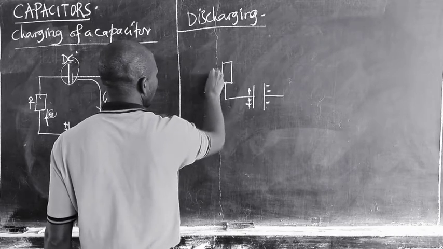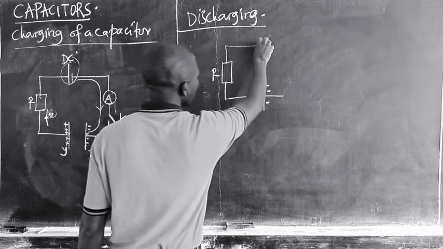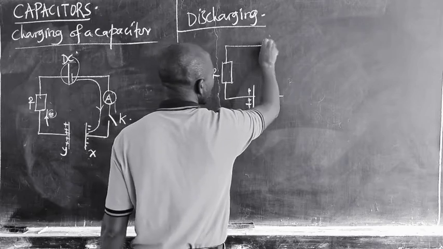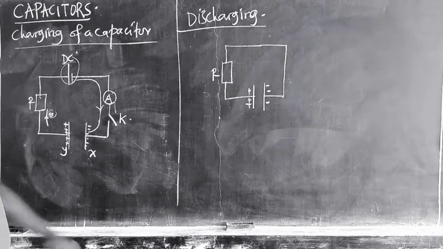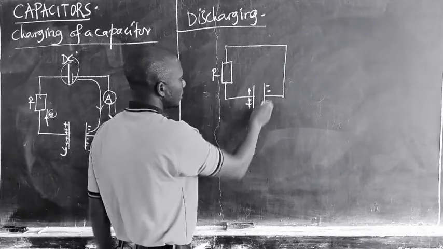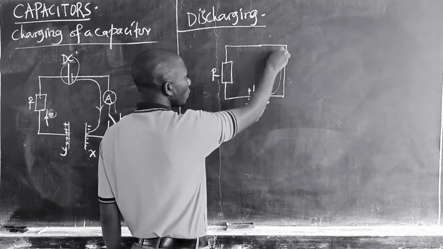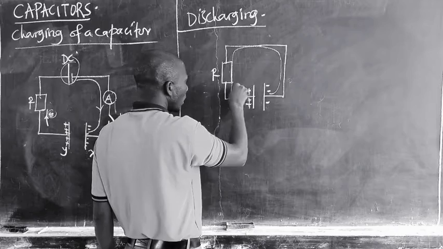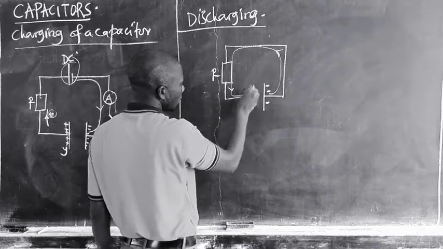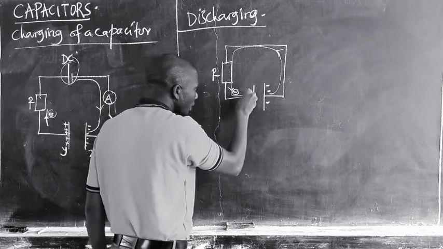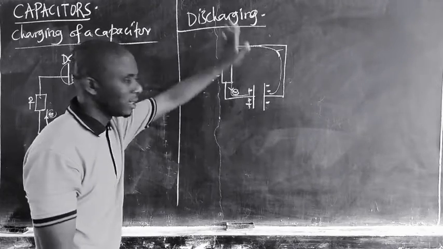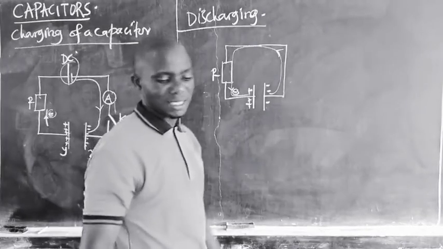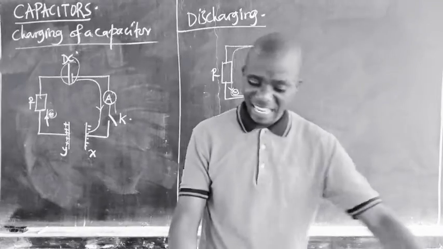The resistor may remain there. So you just connect the wires. The moment you connect the wires, these negatives will flow and finally come here, neutralize these positive ones, and you remain with the plates of the capacitor which are not charged.